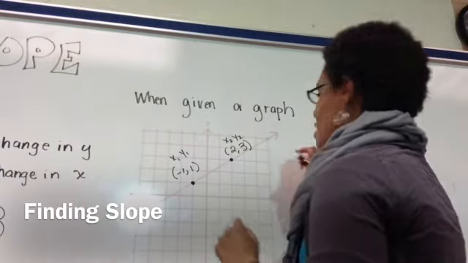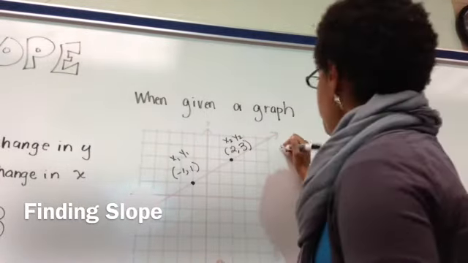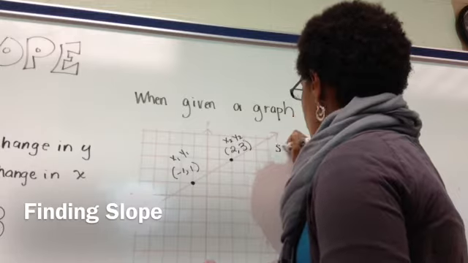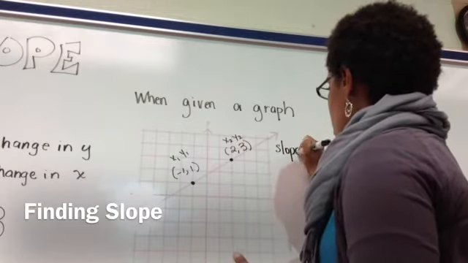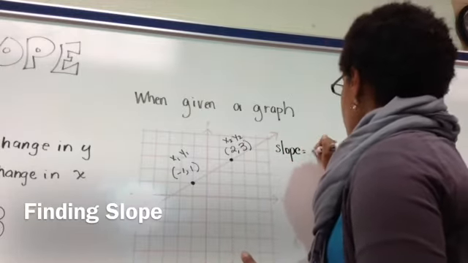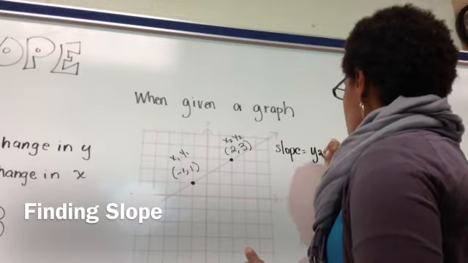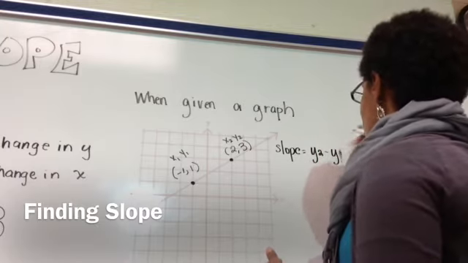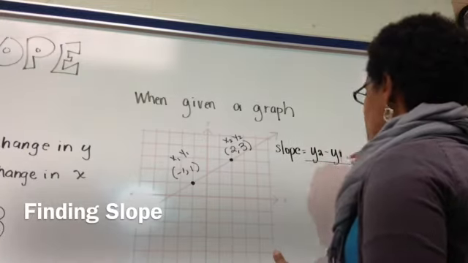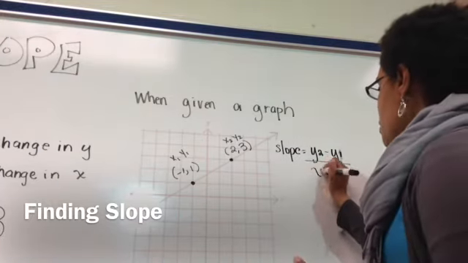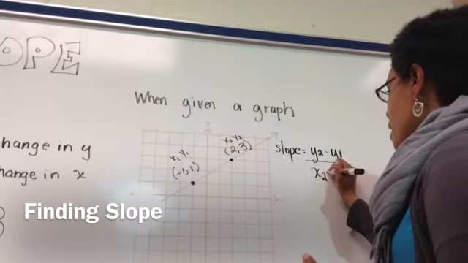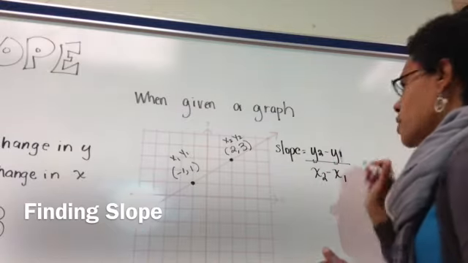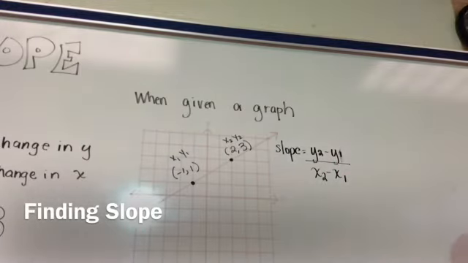So I am going to ask, just for notes, that you rewrite it. So that is slope is equal to the change in y, or y2 minus y1, and we're going to divide that by the change in x, or x2 minus x1.